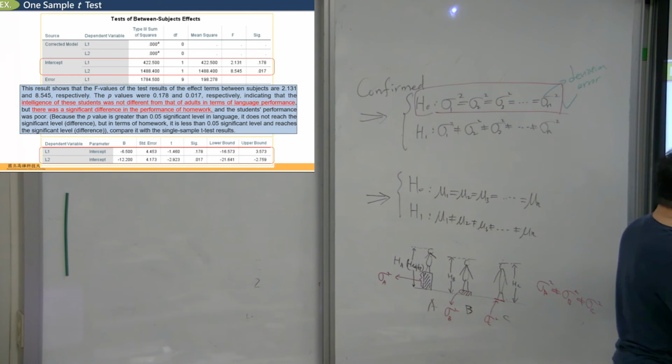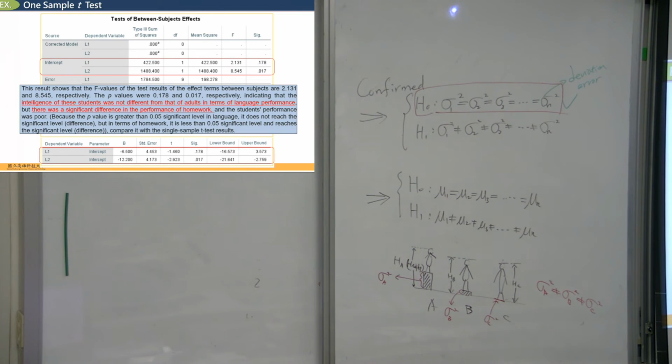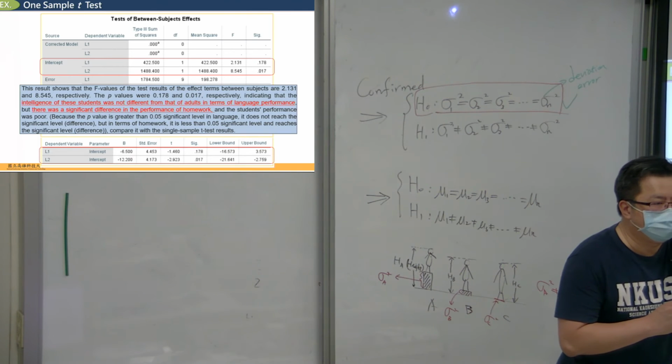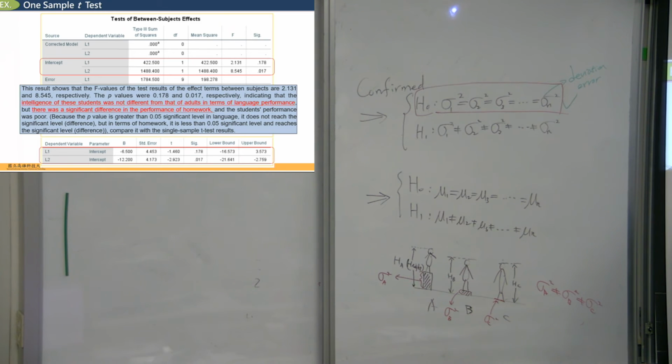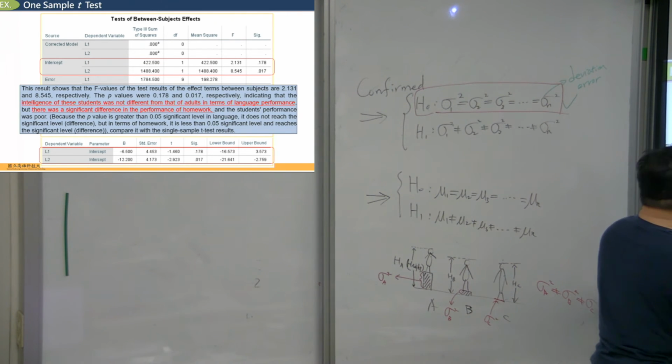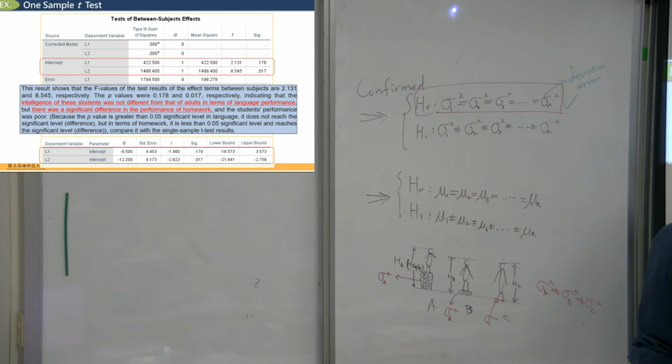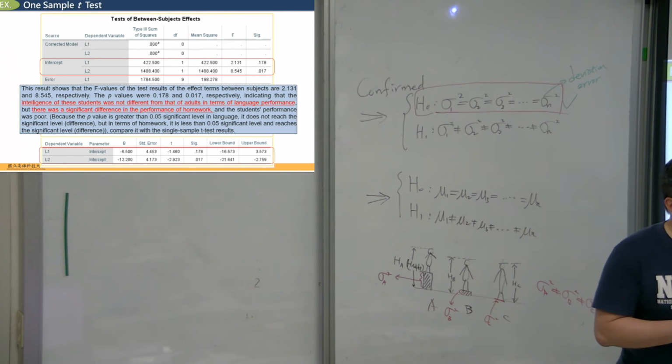The intelligence of these students is not different from the adults in terms of language performance. But in terms of the performance of homework, oh my God, it's significantly different. Understand?